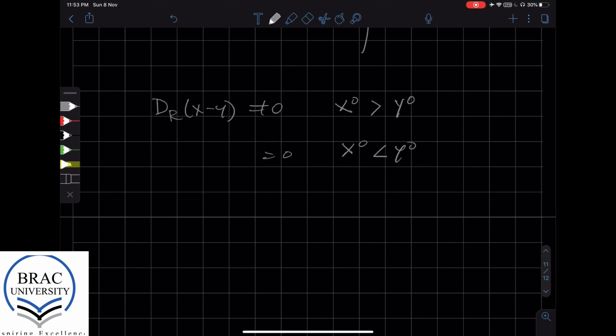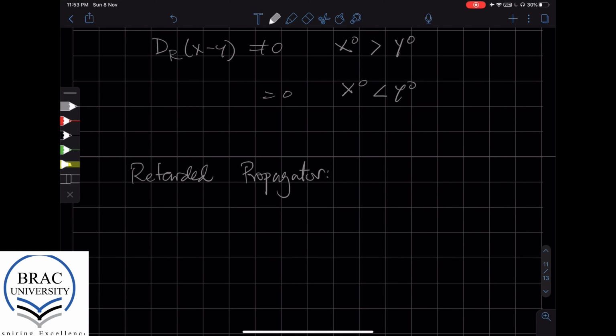So these kinds of propagators are called retarded propagators, and that's because in these propagators the influence from y propagates to x only if x is in the future. These are also called causal propagators. Well, there are other causal propagators, but this is known as the retarded propagator.